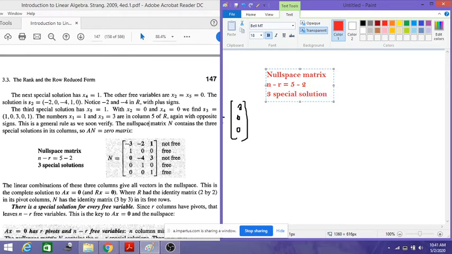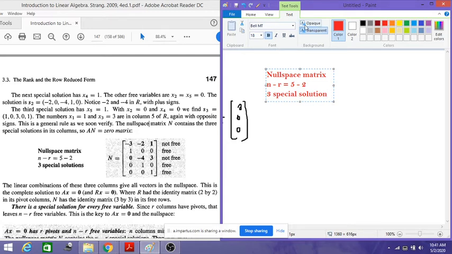This is another way of looking into it. So how many special solutions? One method is that as the number of free variables is 3, we can say that there are 3 special solutions. The other way is that we can also write this as n minus r. So n is the number of columns in the A matrix minus the rank of the matrix. So we have 5 columns minus the rank of the matrix. That will also give us how many special solutions we will get.